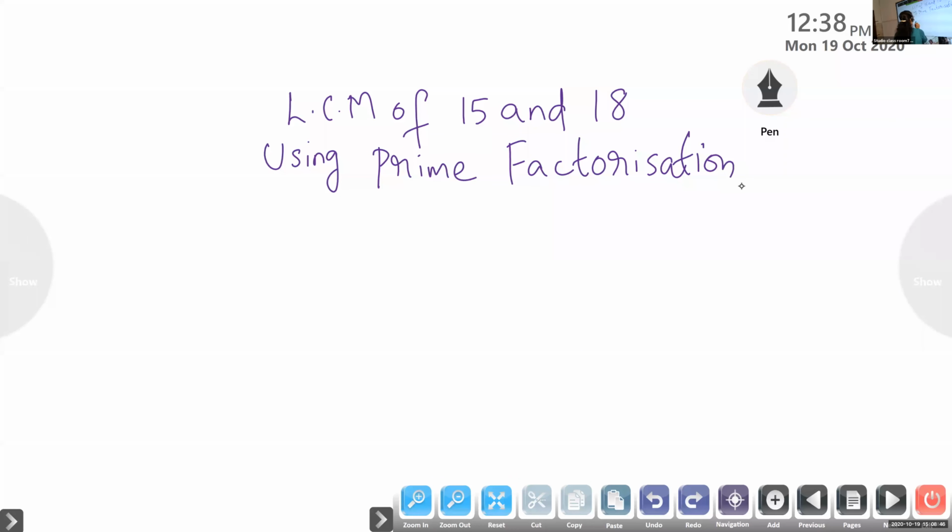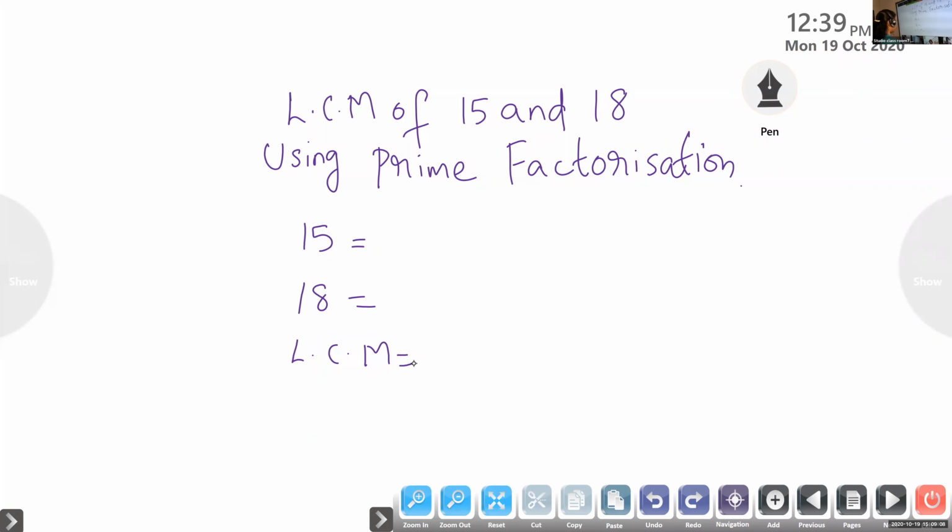First you have to find 18 as the product of prime numbers. You can write 15 and 18, then you can find the least common multiple, LCM.